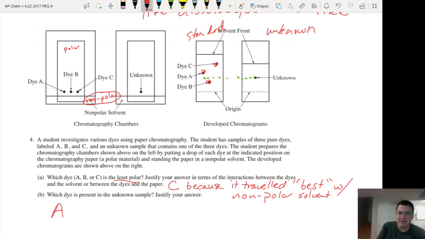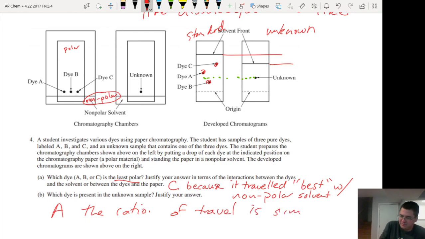I was going to say because the solvent front or the paper. Yeah. So A, how about the ratio of travel is similar to the standard.